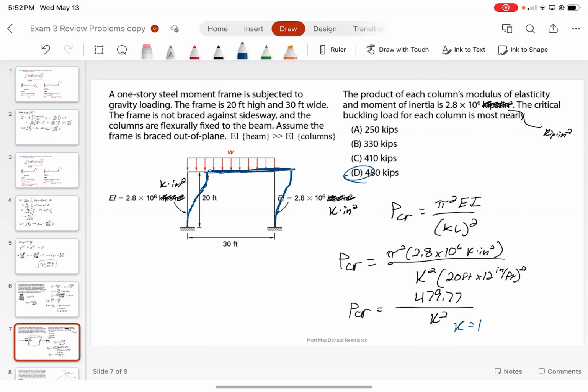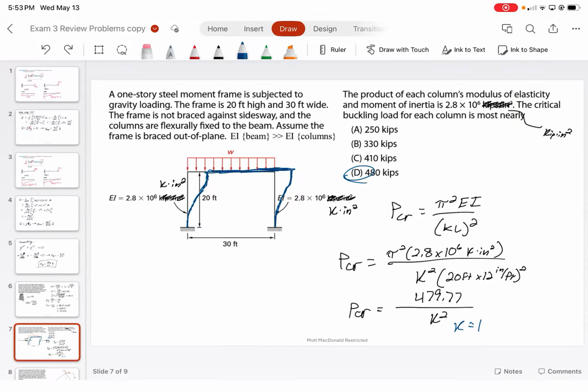In which case that answer would become 330. But because we're only dealing with elastic analyses and making assumptions based purely off determinable values, the answer would just become D, 480 kips.